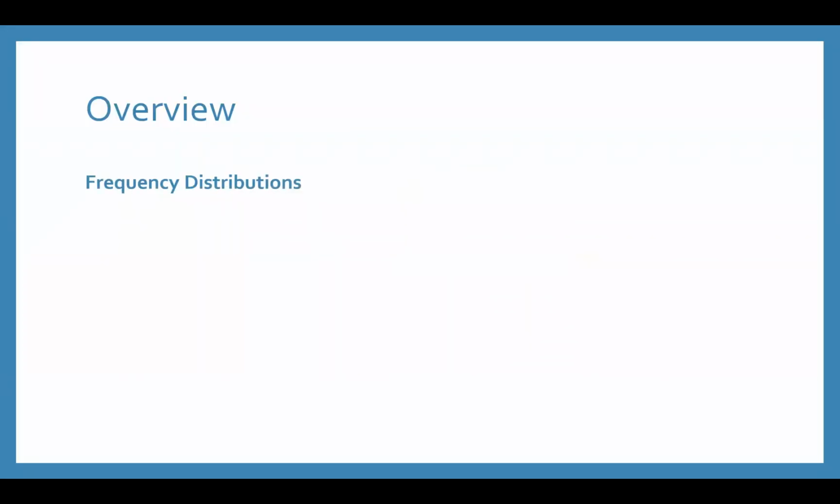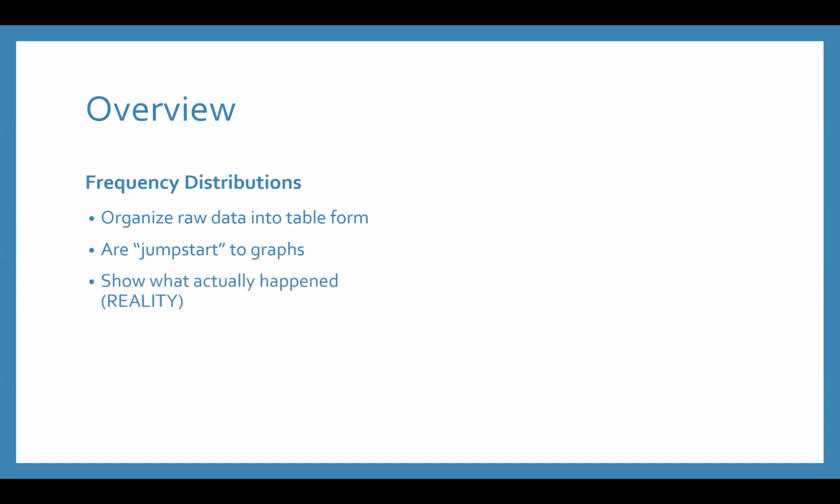Even this morning, at the beginning, we were talking about frequency distributions. We learned about the categorical frequency distribution of how to organize qualitative categorical data into a table. We also learned how to do that as a grouped frequency distribution for quantitative data. That frequency distribution often becomes our jump start for some of the graphs we create, but it gives us a description of what really happened.